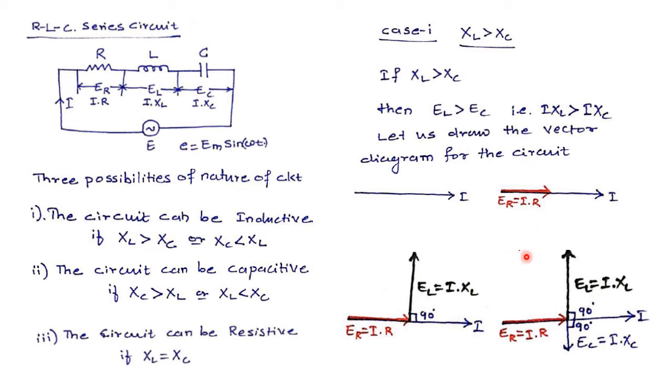Okay, so when I draw the vector diagram for any circuit, the lengths of the vectors must represent the corresponding values in the circuit. Though I may not draw the vector diagram to scale, at least the magnitudes of the vectors I take into the vector diagram should give a meaning to the values of the circuit parameters.